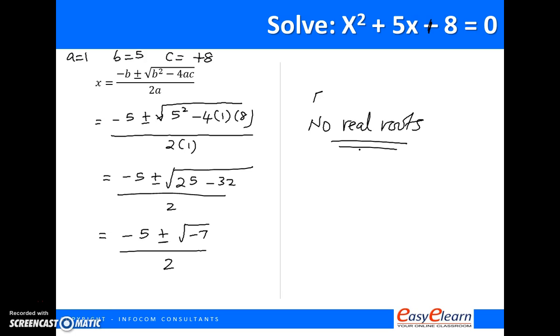You can't find any square root of minus 7. So if you happen to have a minus number within the square root, you just stop the problem there and then write it down, no real roots.